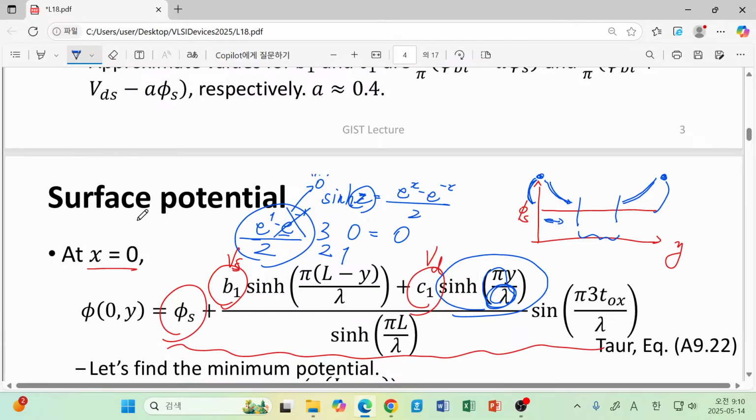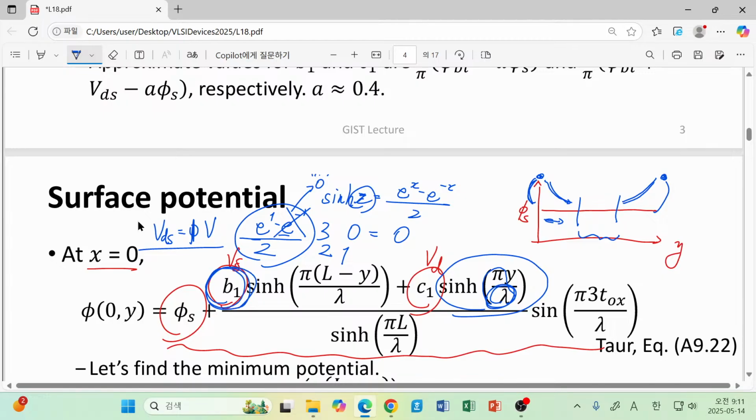Maybe you can ask me this question: is this solution available only for our VDS equal to 0 volt case? Actually not. Even when we have high drain bias, for example 1 volt, 2 volt, 3 volt, this solution is still valid. Then what happens in this case?